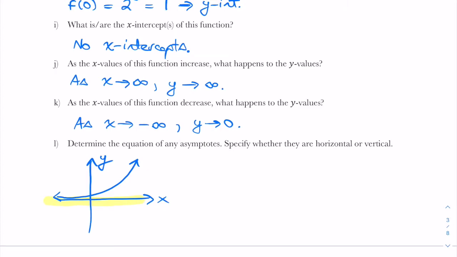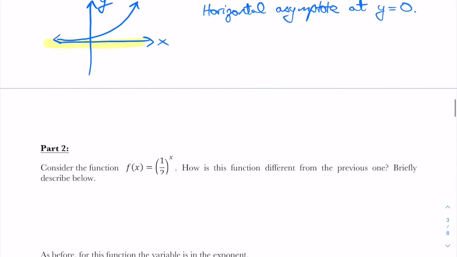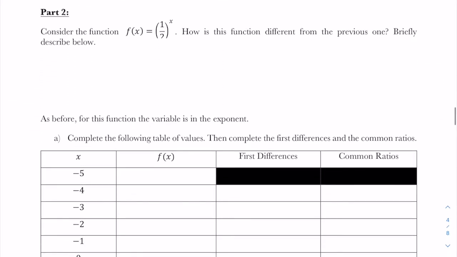There are no vertical asymptotes, so therefore we have a horizontal asymptote at y equals 0. Alright, and that completes part 1.